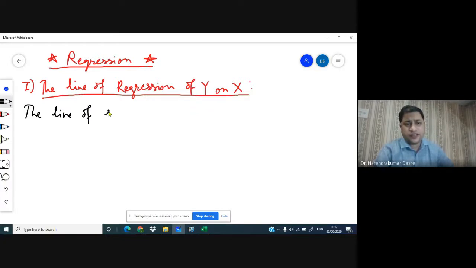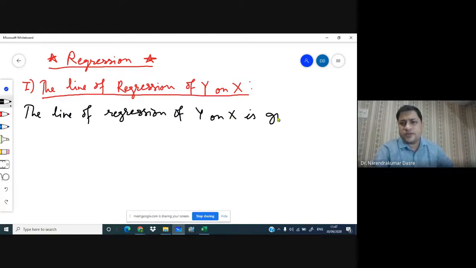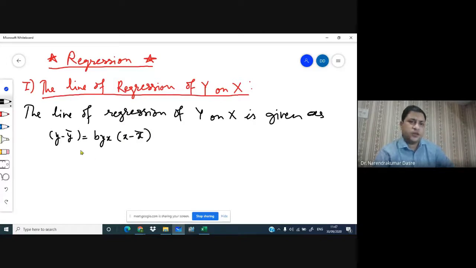The line of regression of y on x is given as y minus y bar is equal to byx times x minus x bar. Please be careful when writing this byx. So that is equation 1.